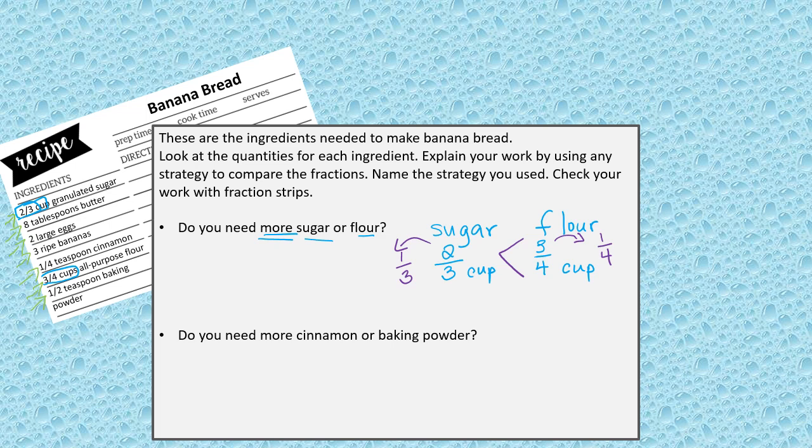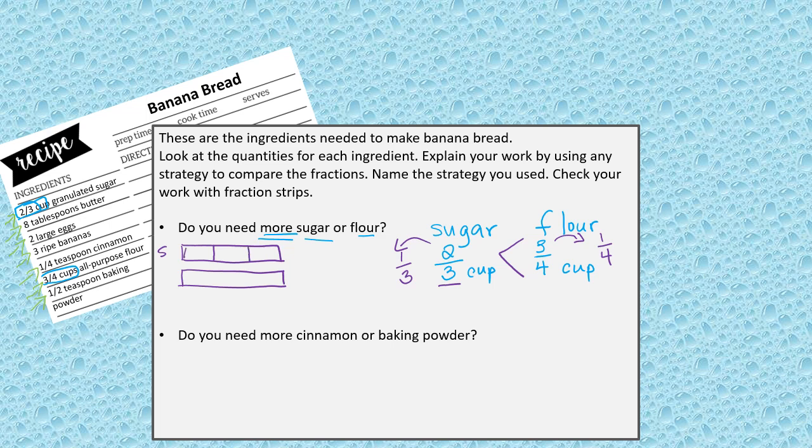And I'm going to go ahead and show you how I would create a model from scratch. First thing I want to do is make 2 bars that are the same size. And that's important when comparing fractions. Your whole has to be the same size. So now I'm going to do the sugar first. And I'm going to break it up into 3 equal parts.